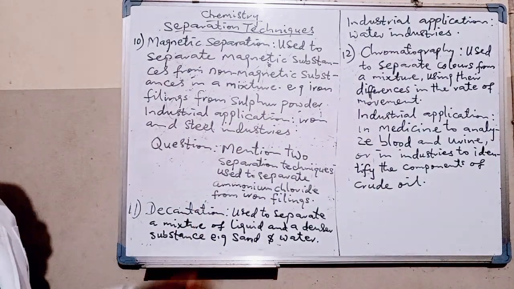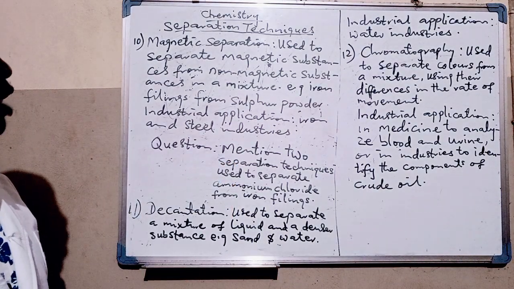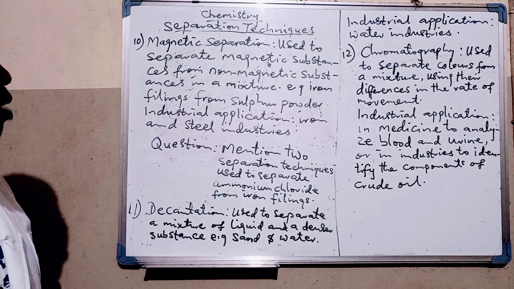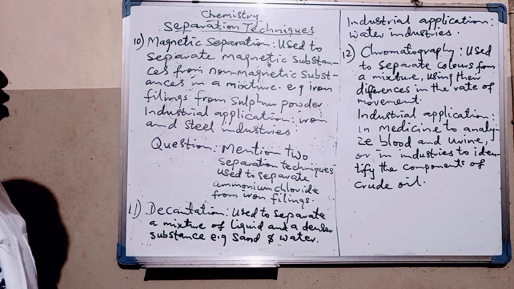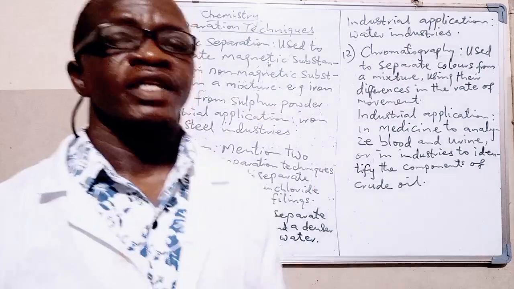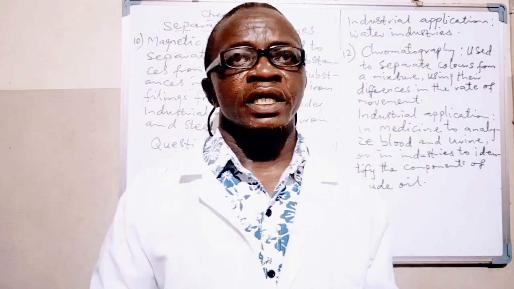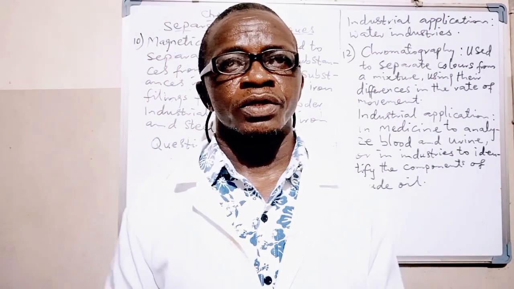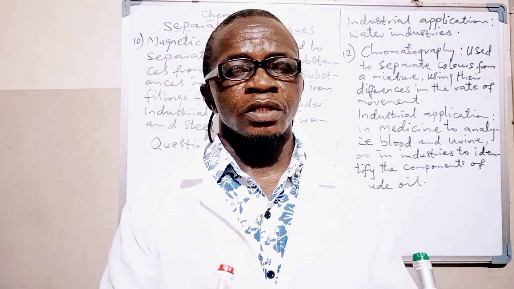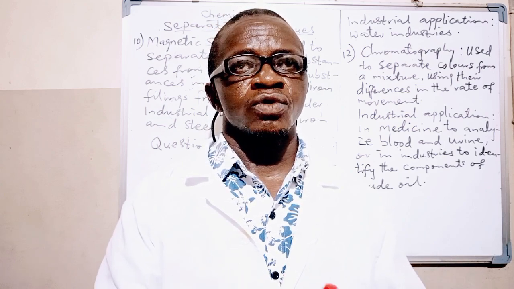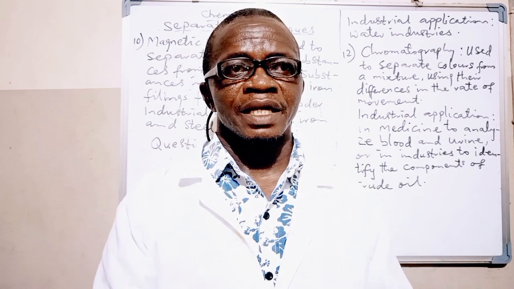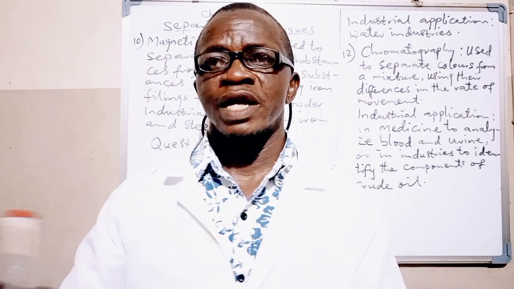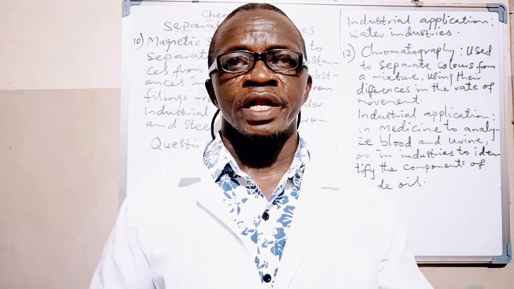Now, question comes. Mention two separation techniques used to separate ammonium chloride from iron filings. The two techniques, remember I mentioned sublimation not quite long. Sublimation is a technique used to separate a substance that can change from solid to gas straight without passing through liquid.